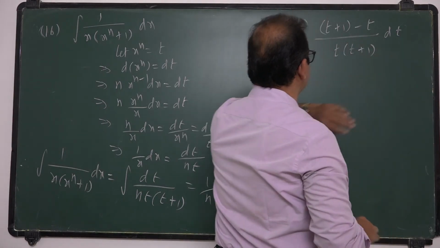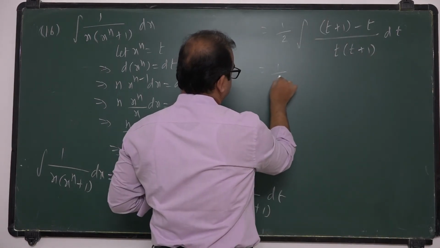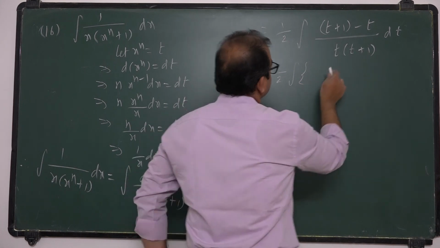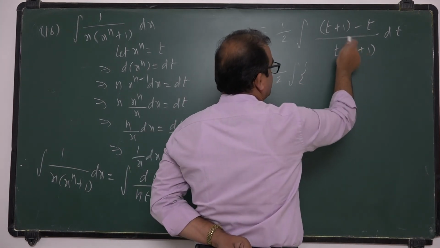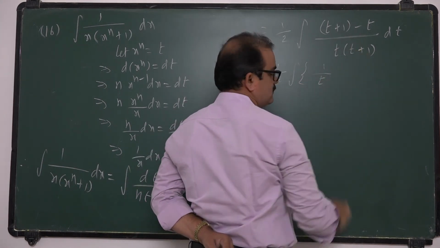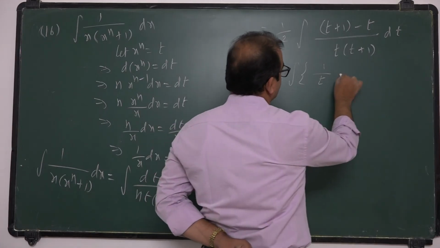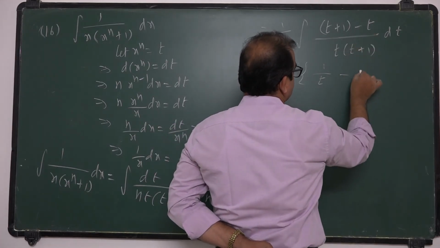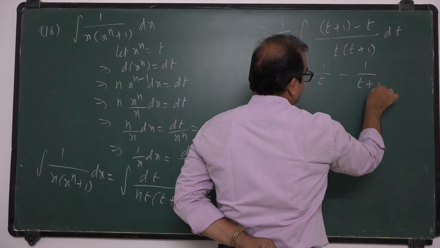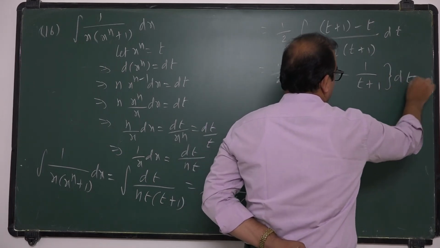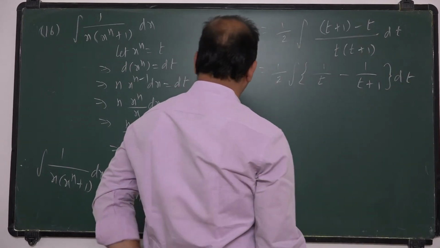Now divide separately. In first term, t plus 1 cancel. We have 1 by t. In second term, t cancel. 1 by t plus 1 into dt.